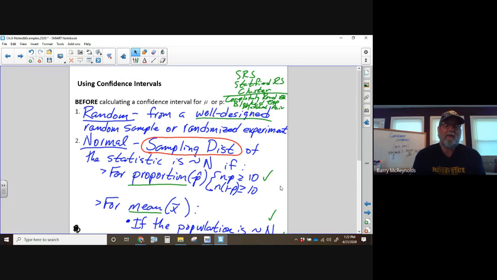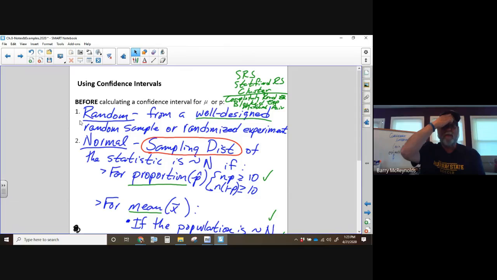If you don't see that statement, then before you calculate a confidence interval or before you start an inference calculation, which we'll talk about after confidence intervals, you have to state in your response that these three conditions are met before you proceed to calculate.